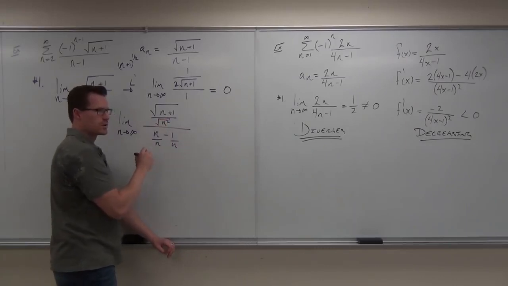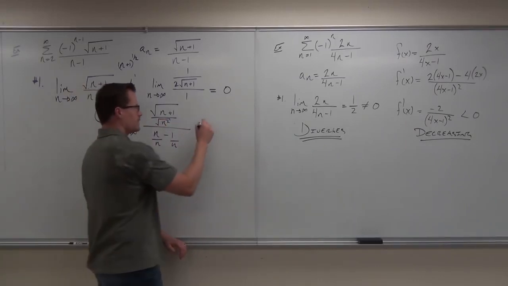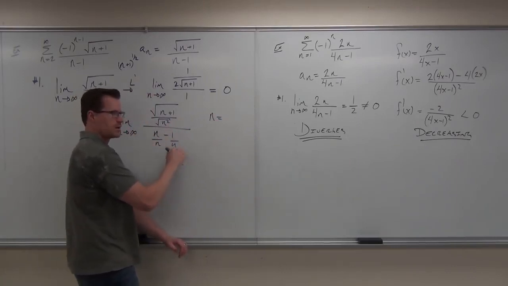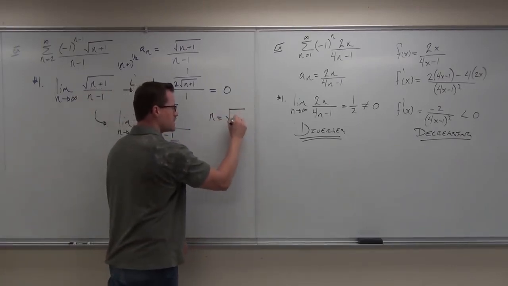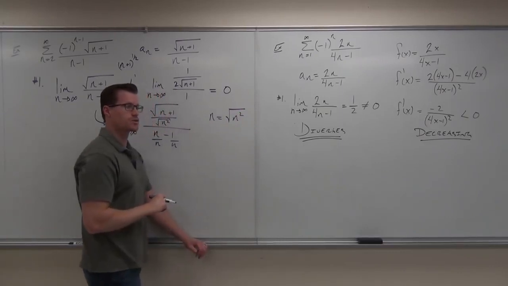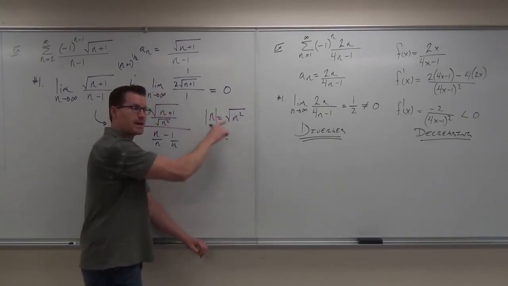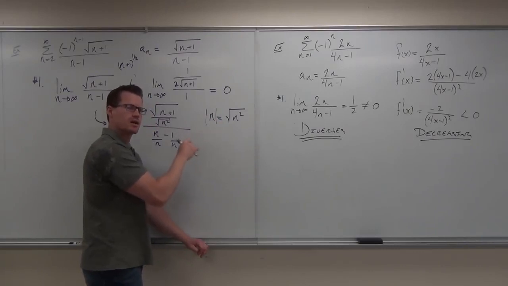True? Kind of true. Remember, all these would have to be equal, correct? This does not always equal this. That is not true all the time. This always equals that. That is true all the time. You need to be careful on that.